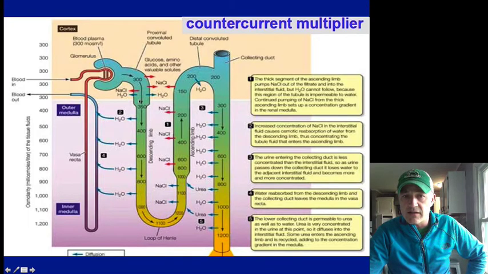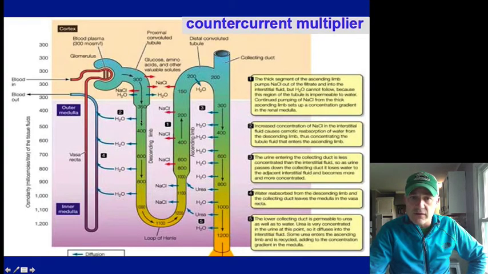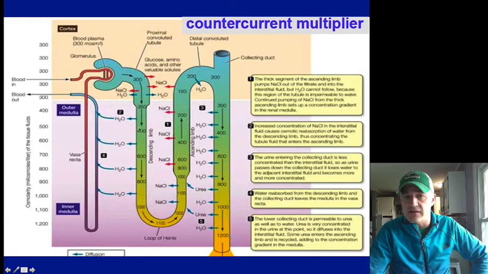So when it gets to right here, let's say this is 300, this is 301. In terms of the osmolarity, water is going to leave. Well, that's going to make this more salty in here. But as that water moves down here, this is now going to be more salty on the outside. So what happens is, because of the salt gradient, as this tubular fluid gets saltier, we still have a higher concentration of salt on the outside in the interstitial fluid.